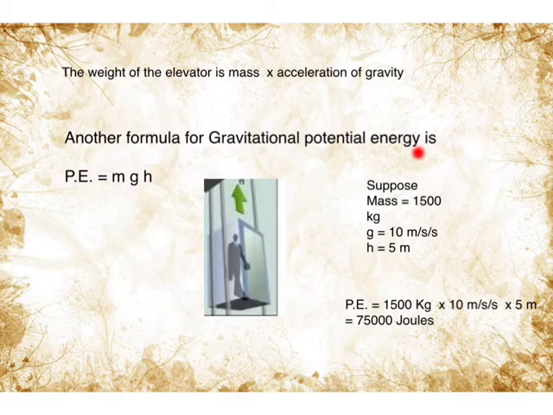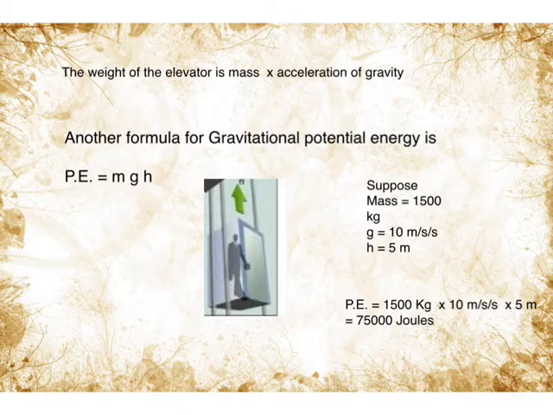Another formula for gravitational potential energy is mass times the acceleration of gravity times the height. So the weight of the elevator that we've been talking about is actually its mass times the acceleration of gravity. And we're going to use 10 meters per second squared for the acceleration of gravity. So let's suppose our elevator and its contents has a mass of 1,500 kilograms.